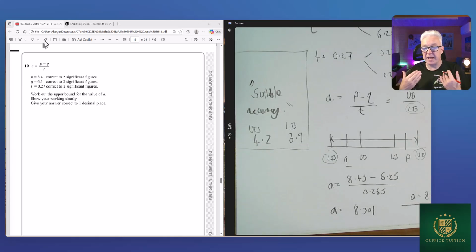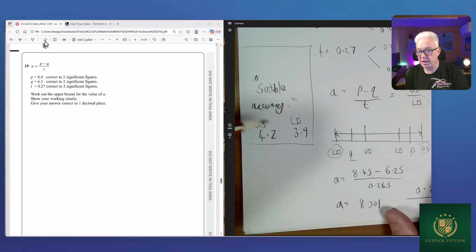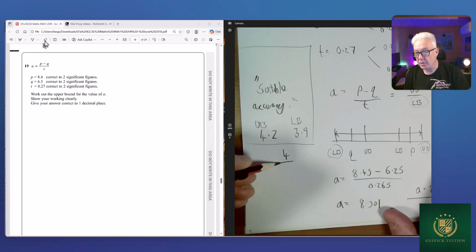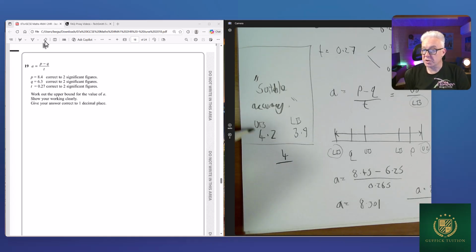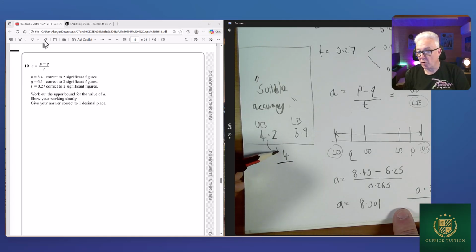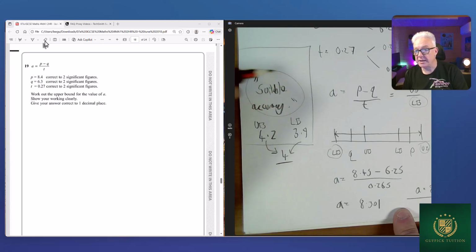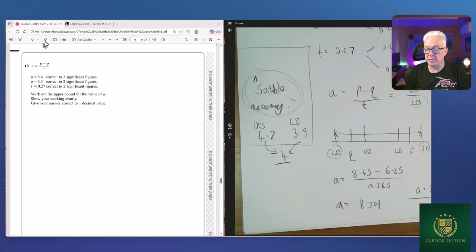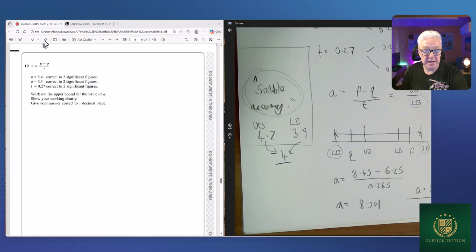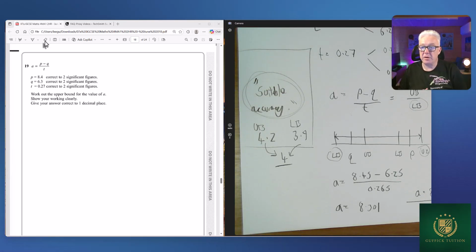But if we take one step back and give the answer to one significant figure, both of those are going to be 4, because 4.2 would round to 4 and 3.9 would round to 4. So the answer in this example that I've made up to a suitable degree of accuracy would be 4. They haven't said that in this question, but just be aware of this because it's super popular with examiners, that idea about a suitable degree of accuracy.